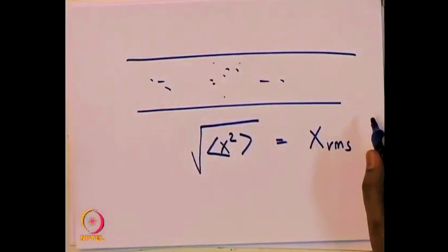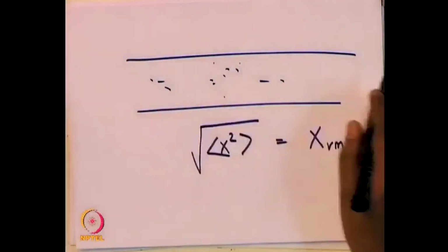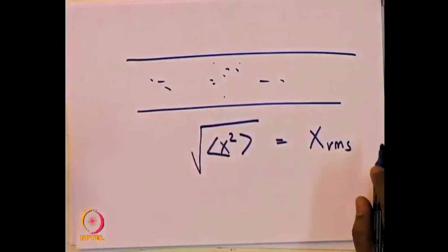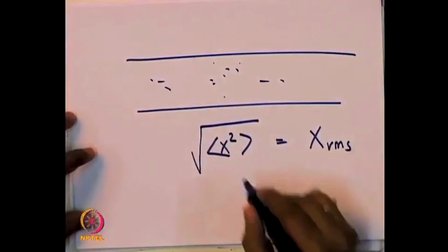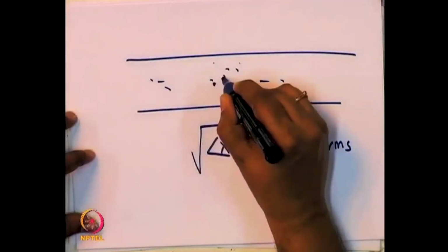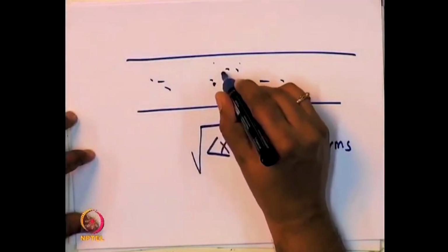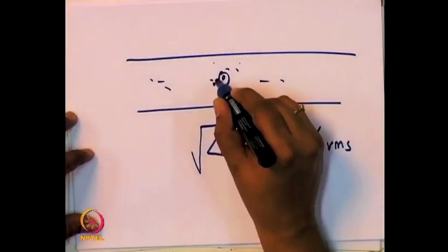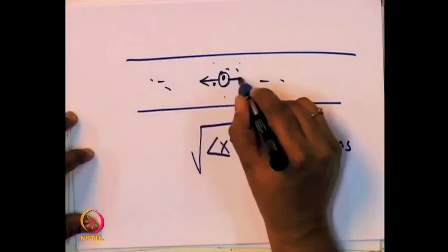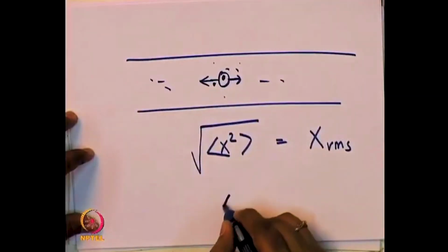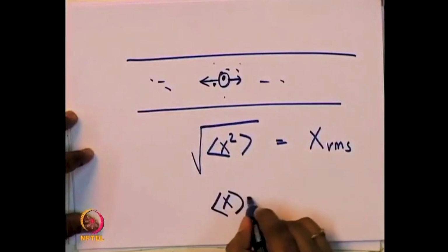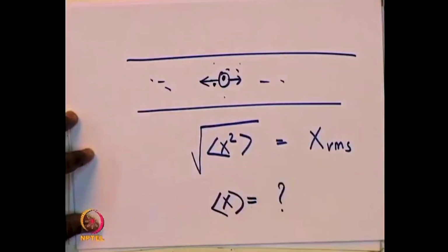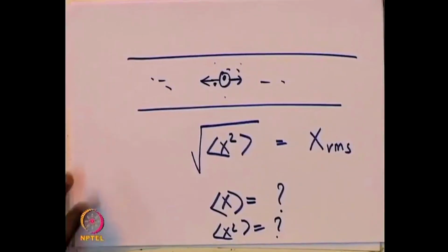Like, if you wait 10 minutes, what is the root mean square distance this particle will diffuse? Let us think about just one particle here. This one particle can go a little here, then here. On an average, we can also find out what is the average distance and what is x square average. This is what we want to find out, and this is what we have defined here.